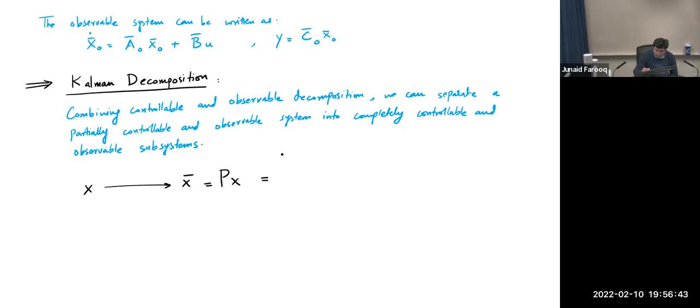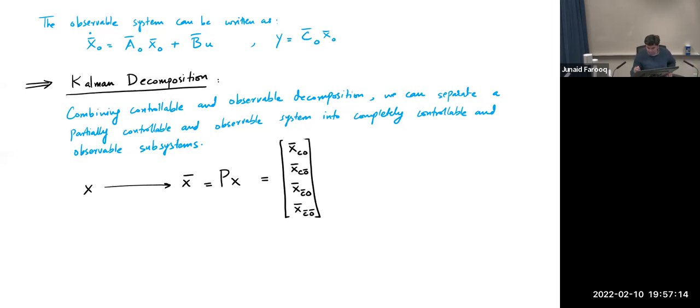It will result in a vector of states which are x bar controllable and observable, x bar which is controllable but not observable, x bar which is not controllable but observable, and some states which are neither controllable nor observable, right?